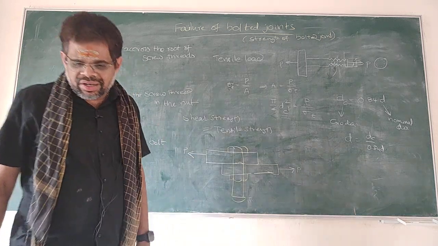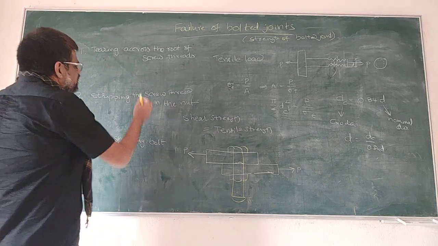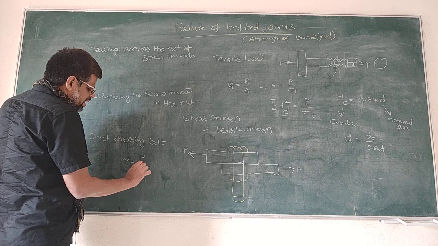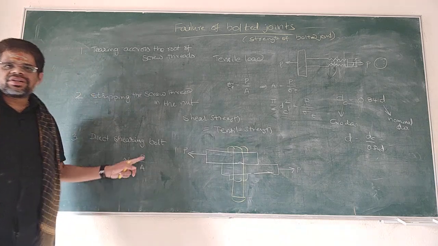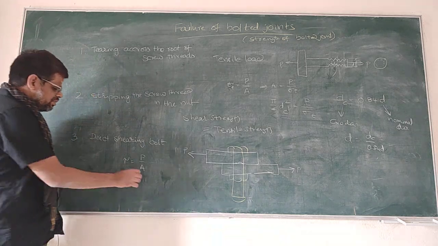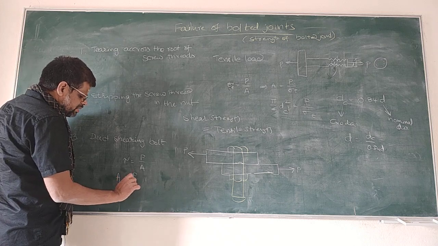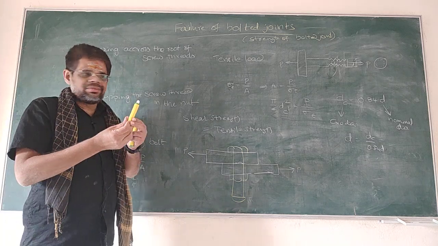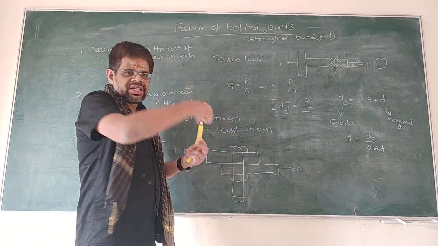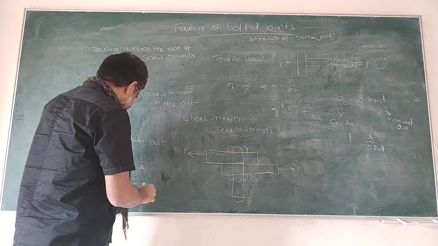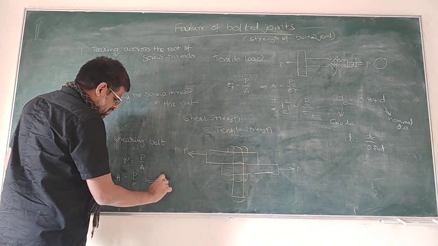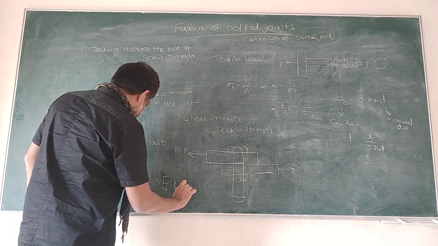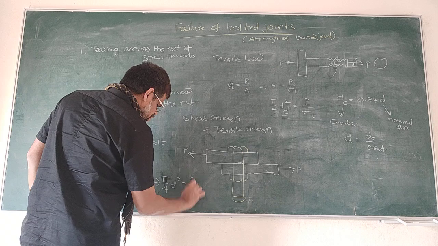Then how do you calculate the shear load? Once again we have the same formula. Shear stress is equal to P by A. Now if you want A, it is P by tau. A, once again, is the cross sectional area. So what is the formula for cross sectional area? Pi by 4 d square is equal to P by tau.